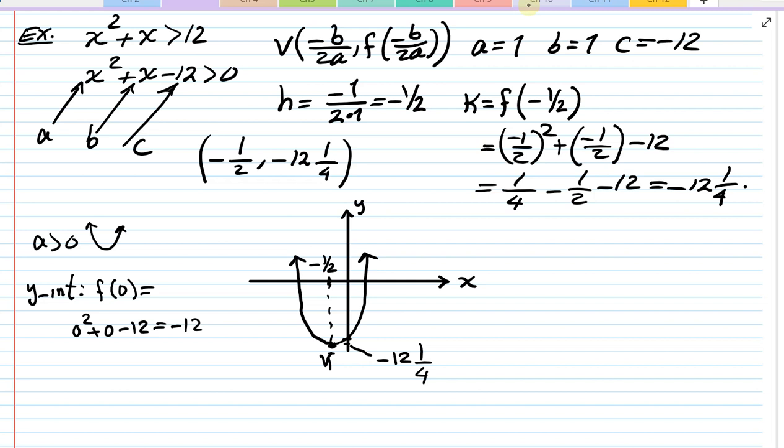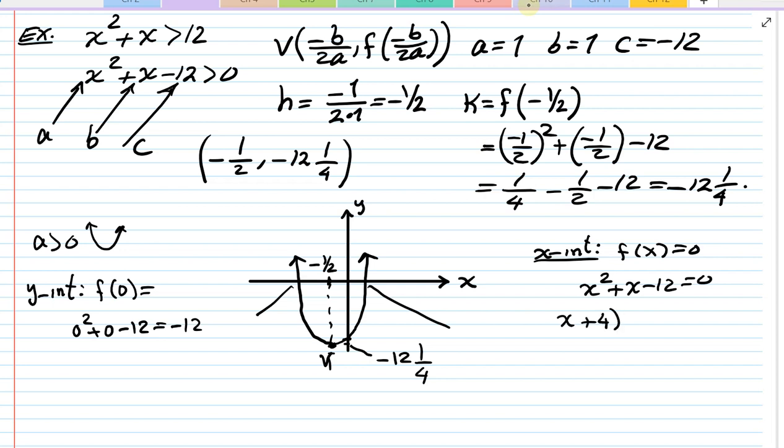All right, so now in order to do it using graphing, I need to find the x-intercepts. To find the x-intercepts for any function, we set the function equal to 0 and solve for x. The function x squared plus x minus 12, set it equal to 0. Now I can factor it.